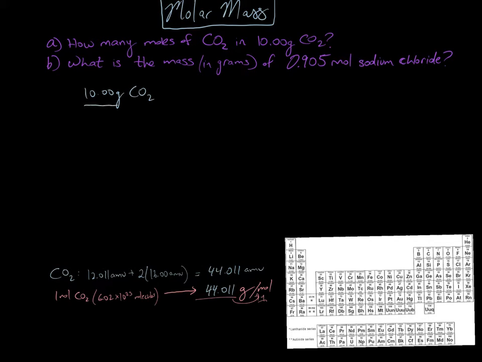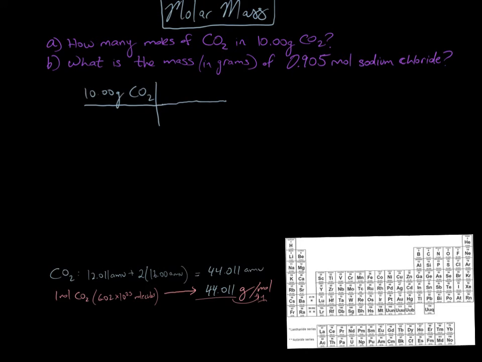Then I make these little boxes. The diagonal boxes, as you'll see, going from here to here, will consist of the same units. So if I have grams here, then I will have grams here. And units will change as I go from here to here. That's when I want to make the changes to the units such that I can find what I want to find. So let's start.